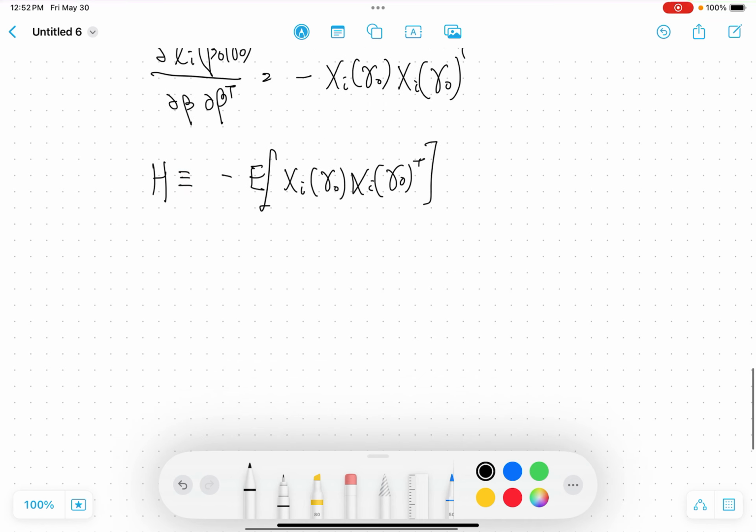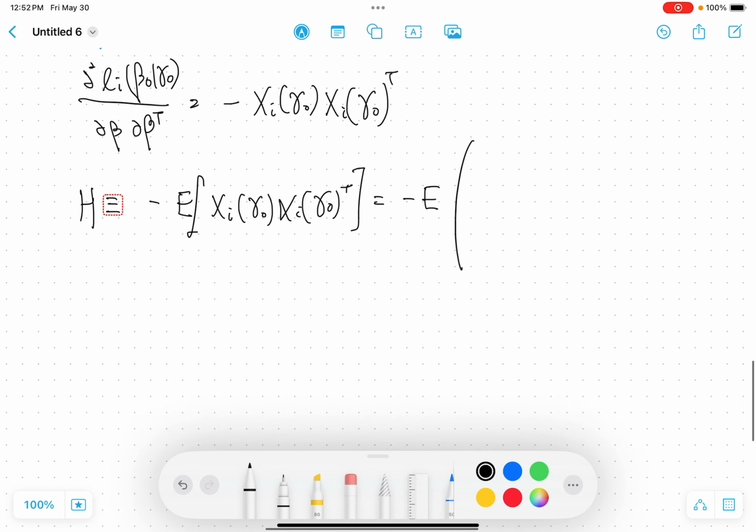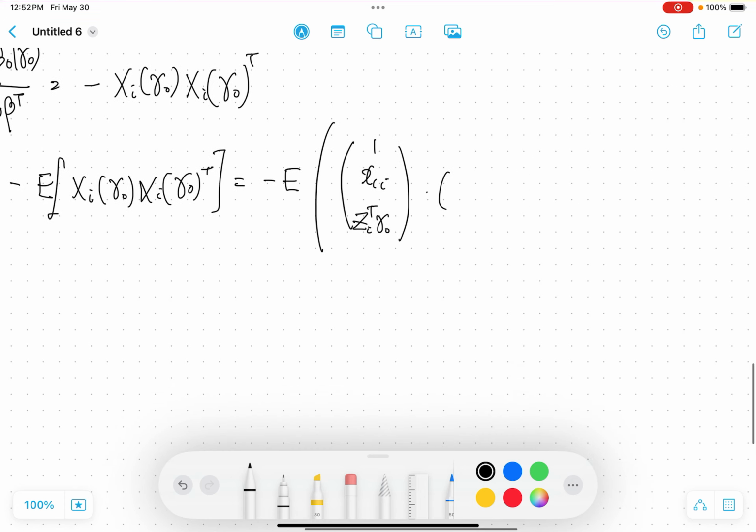Remember, it looks like this if you write down the matrix: x1i and zi transpose gamma 0 times 1, x1i, zi transpose gamma 0.